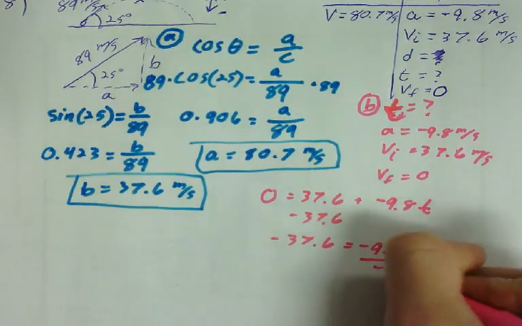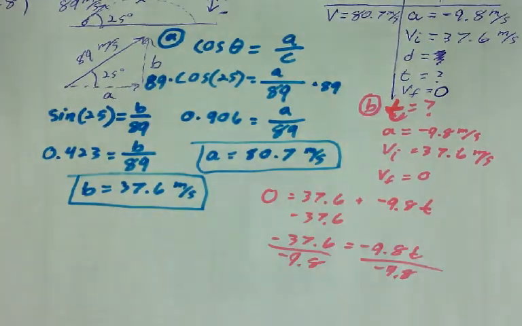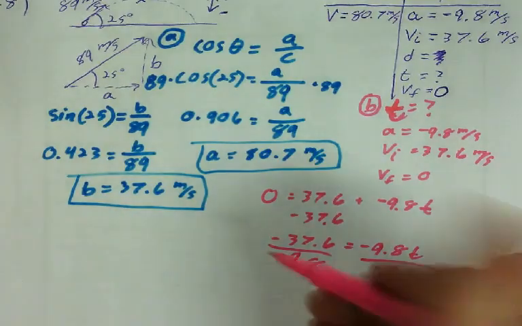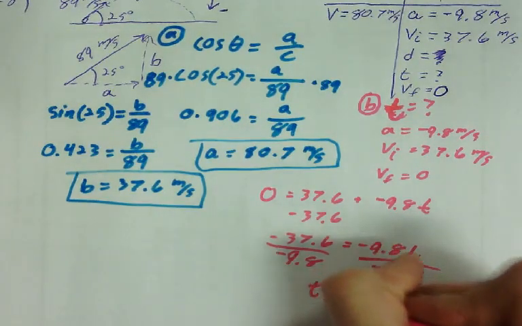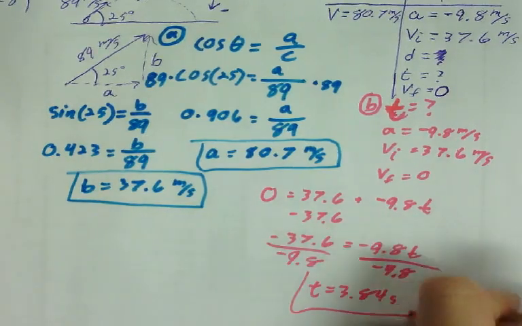Divide both sides by negative 9.8. And you get a time of 3.84 seconds.